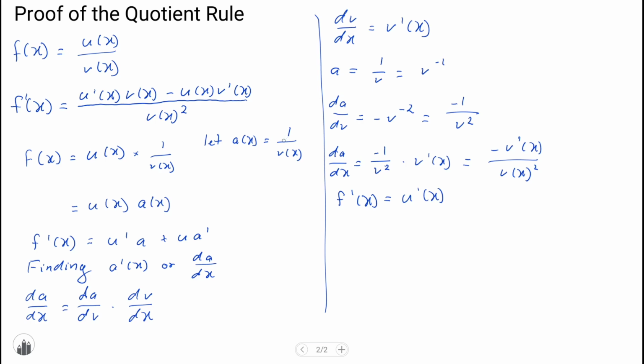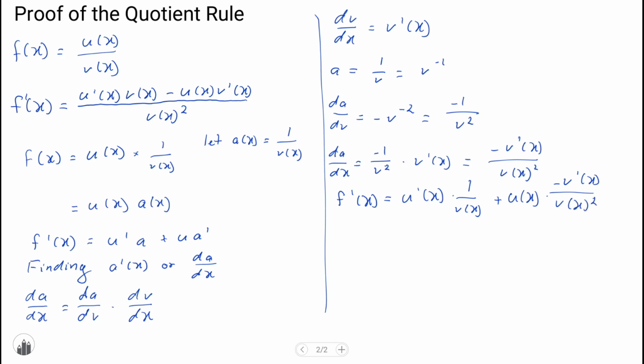A was 1 over v of x, so times 1 over v of x, plus u times the derivative of a, so u of x times the derivative of a, dA dx, which was times negative v dash of x over v of x squared.